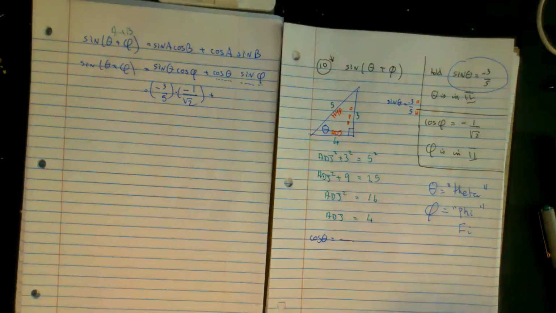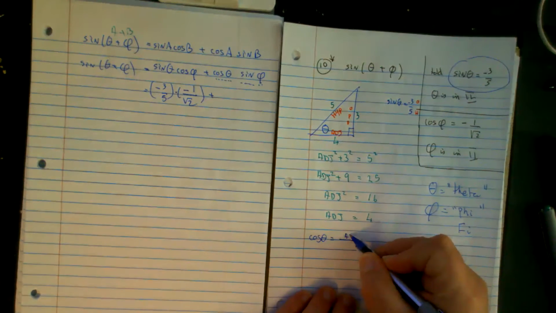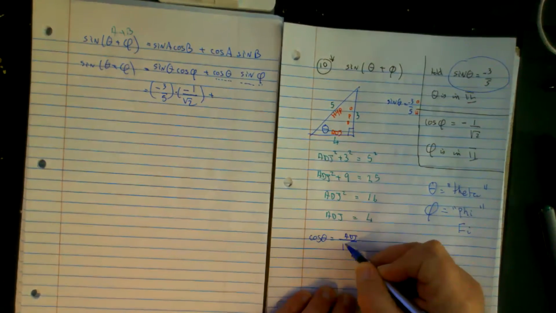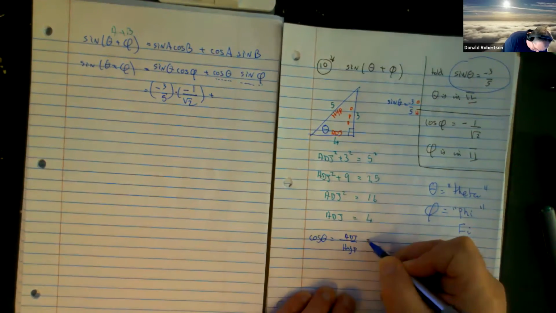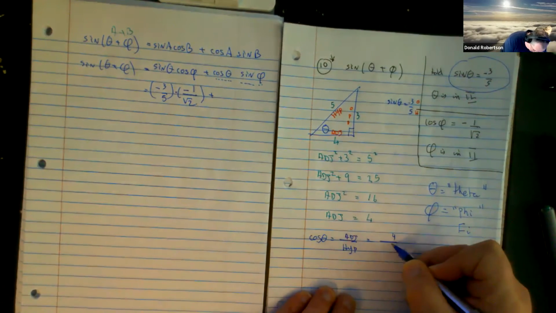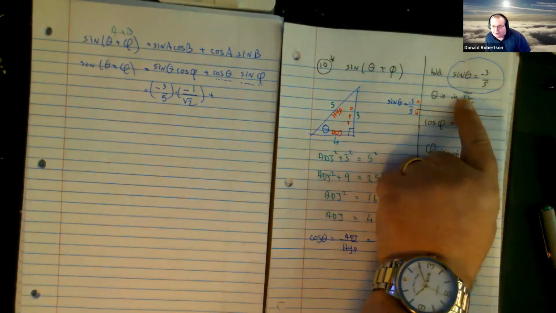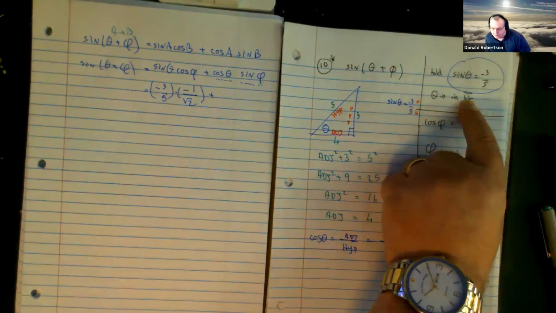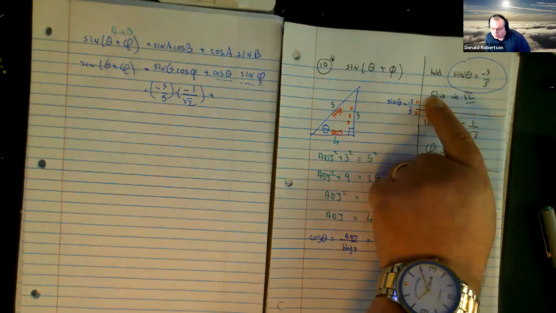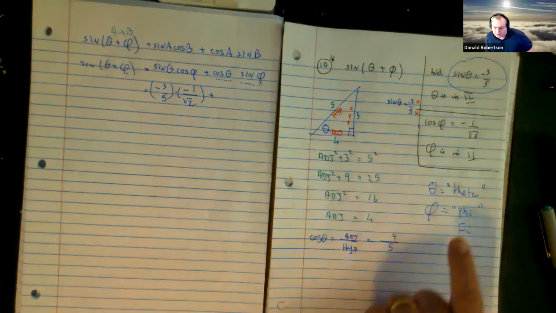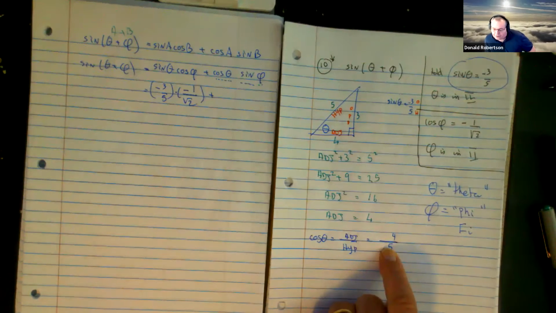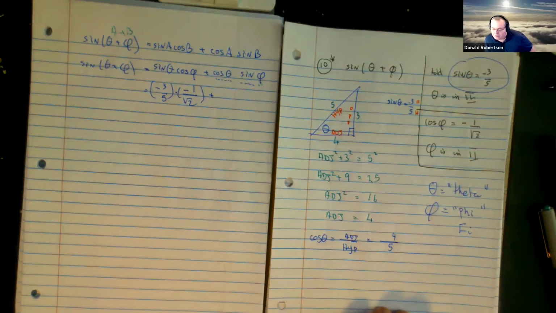Adjacent over hypotenuse. Great. Now, as far as the numbers go, that happens to be 4/5. But theta is in the 4th quadrant, okay? Now, if the angle theta is in the 4th quadrant, is the cosine positive 4/5 or negative 4/5?